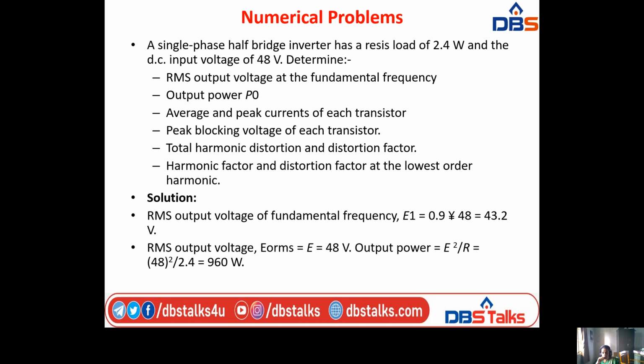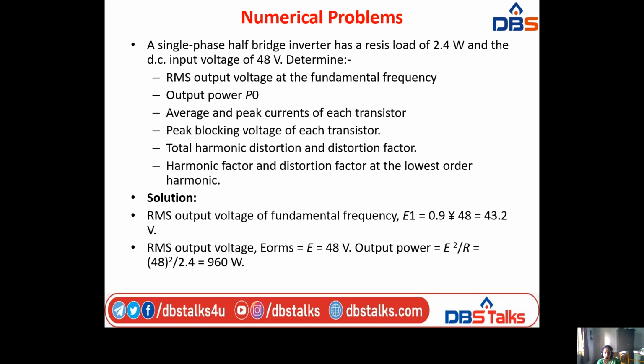We have to determine the RMS output voltage and fundamental frequency, output power P0, average and peak current of each transistor, peak blocking voltage of each transistor, total harmonic distortion, distortion factor, harmonic factor, and distortion factor at the lowest order harmonic.